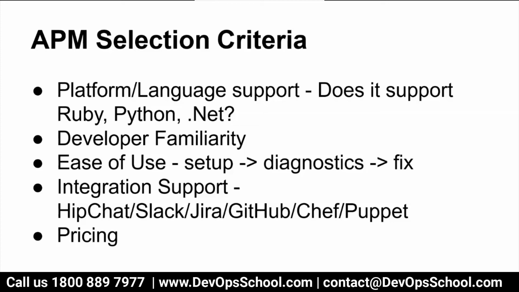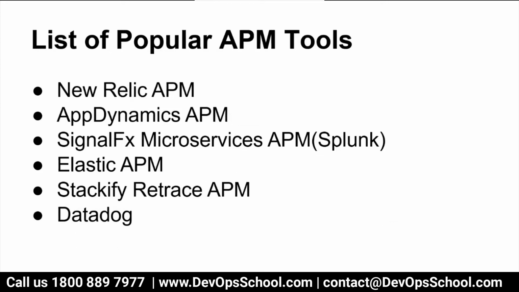Whether it's easy to set up, diagnose and fix, or is it very complex? Do we have integration support, such as I want the reports on HipChat, Slack, Jira, GitHub, Chef, Puppet, Ansible? Or is it pocket friendly or not? So these are the basic APM selection criteria, and then you select your APM tool.